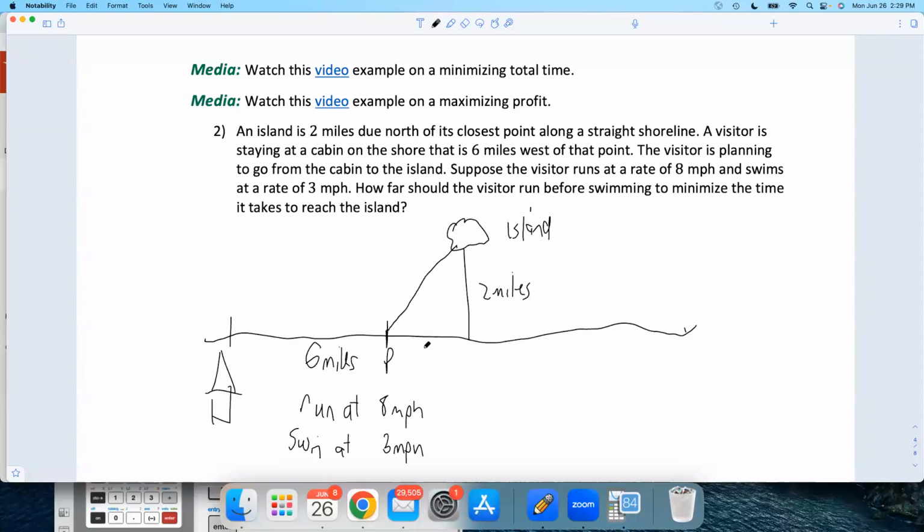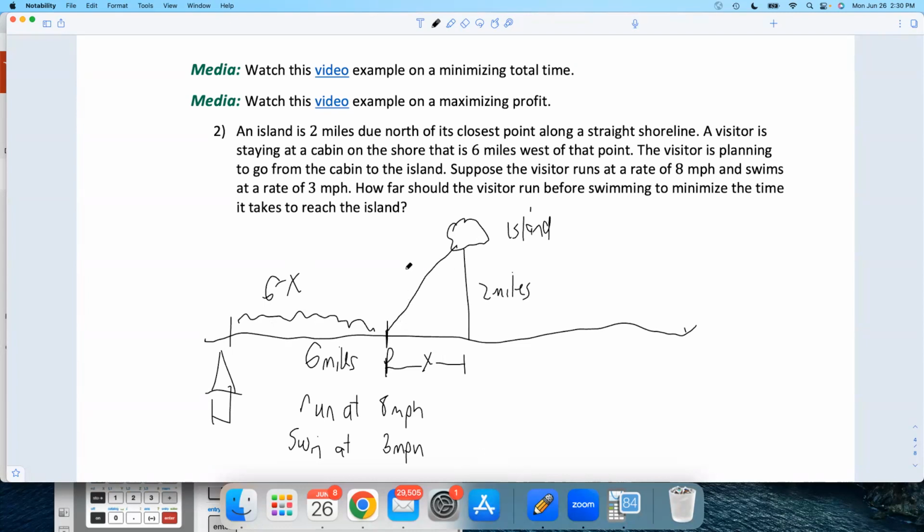Okay, let's call this distance here x. X is the distance, not the total that we ran, but 6 minus the total that we ran. So the distance that we're running, that distance there, is 6 minus x, because this total distance was 6.